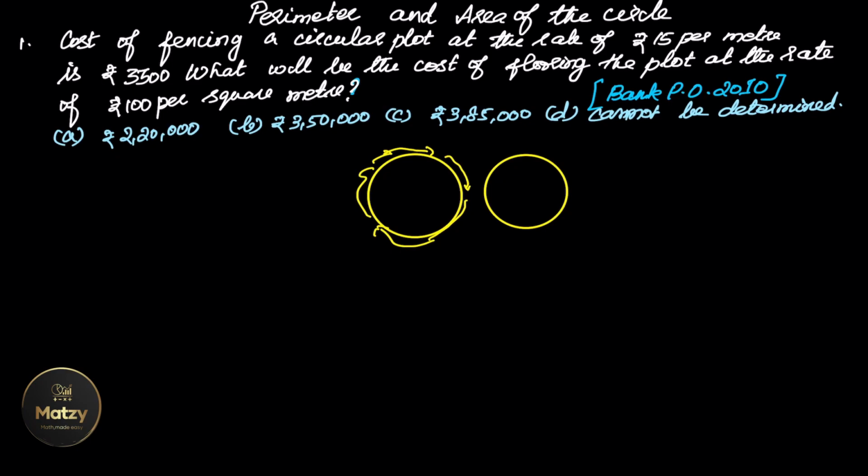Okay, so circumference is equal to total cost divided by cost per meter.